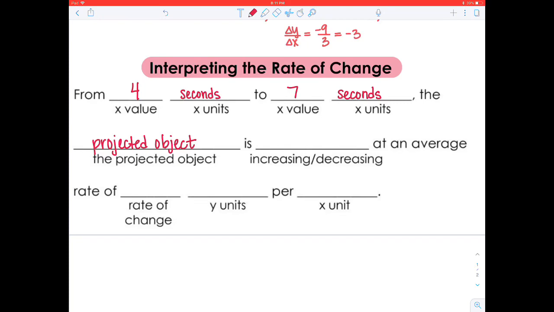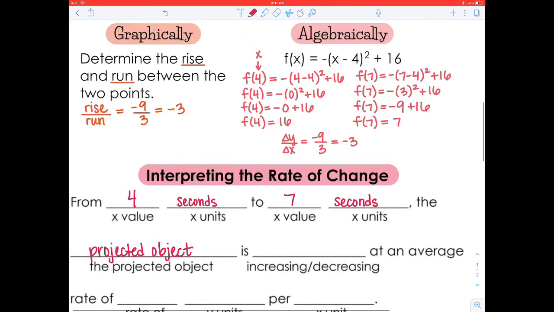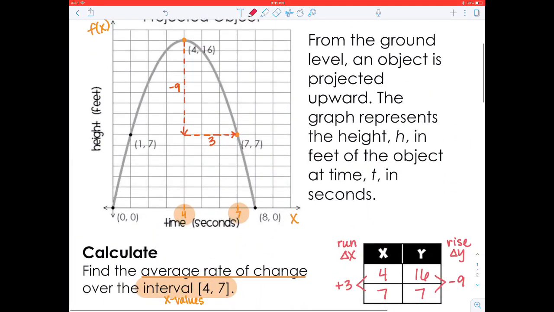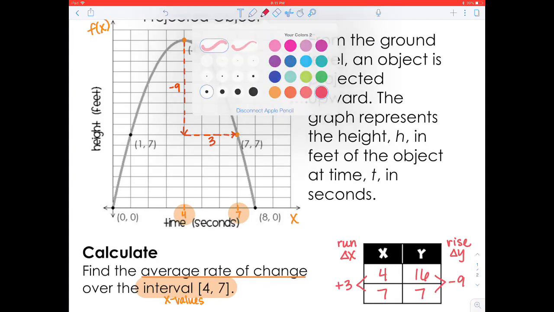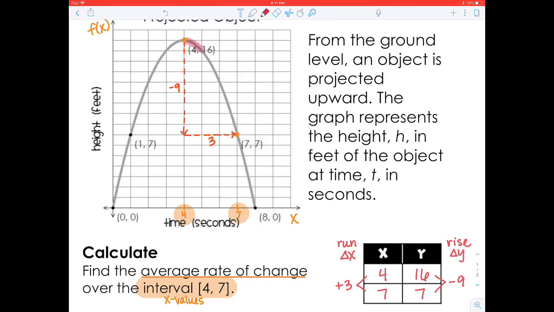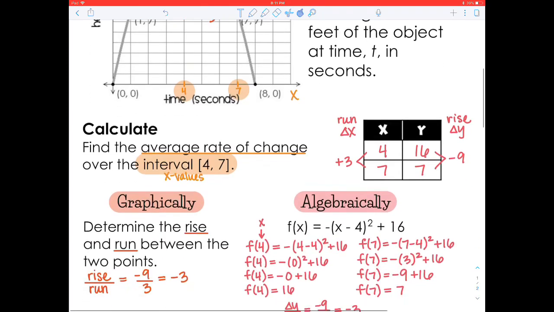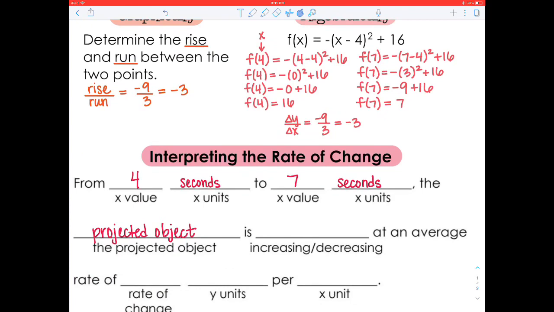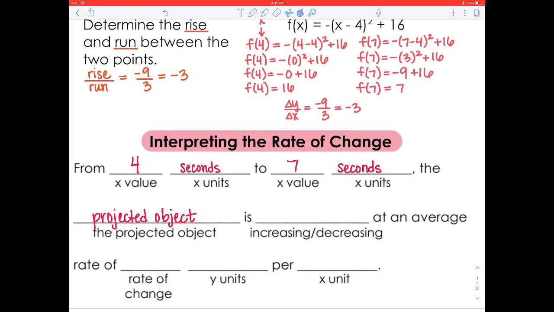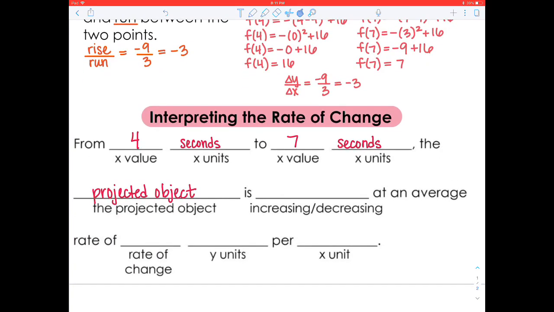is, now you pick, is it increasing or decreasing here? So we can look at our graph. This part of the graph here, from this point to this point, we are going down from left to right. So it is decreasing. We also know that because our rate of change is negative. So we would pick it is decreasing.